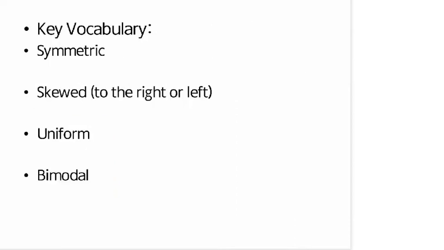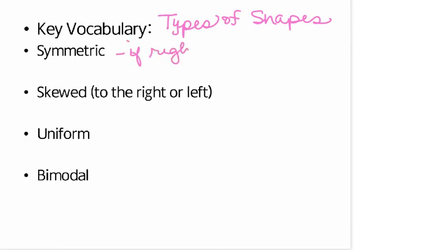All right, so let's do some key vocabulary. These are types of shapes. Symmetric is if the right side and the left side are approximately mirror images of each other.